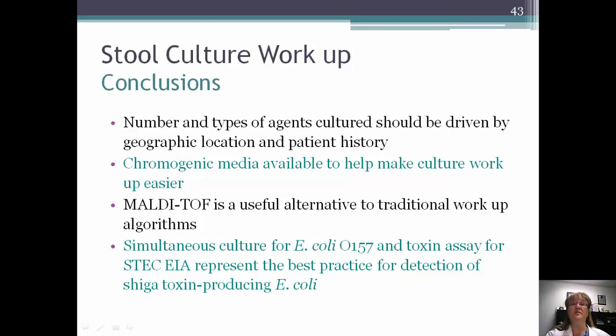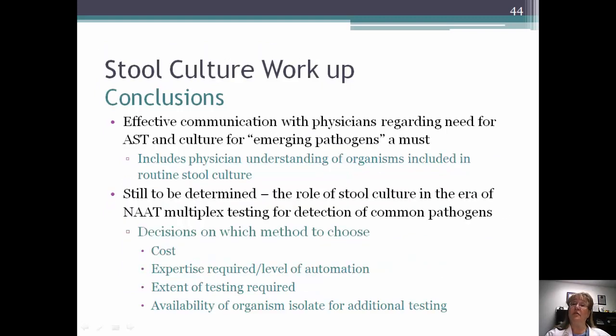So remember, if you choose to use a more selective approach and only test upon request, again, make sure that you're also looking at multiple screening criteria. Also remember that effective communication with our clinicians regarding the need for culture for those emerging pathogens as well as susceptibility testing is a must, right? And also, again, we want to make sure that our physicians know what we're looking for in our routine stool cultures.